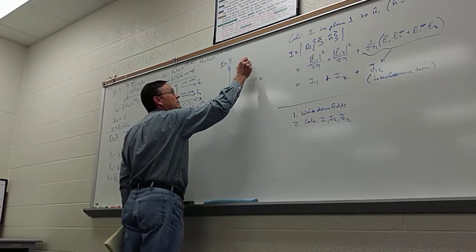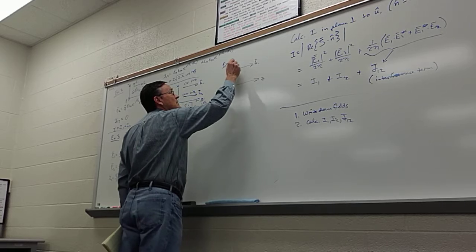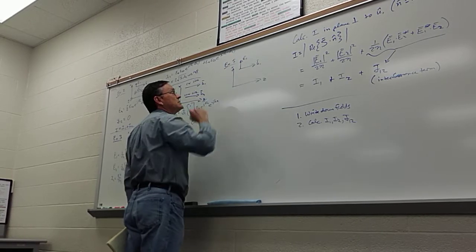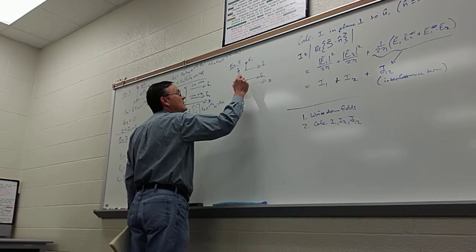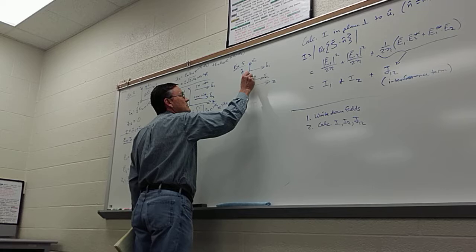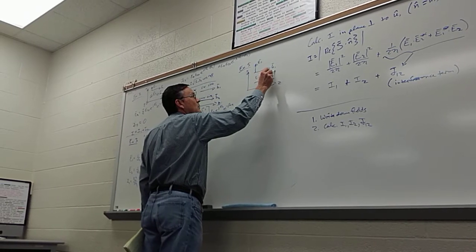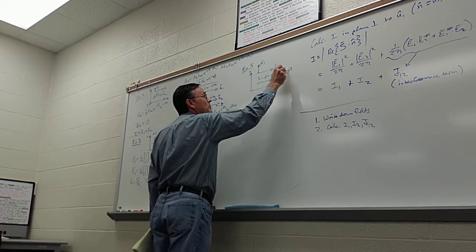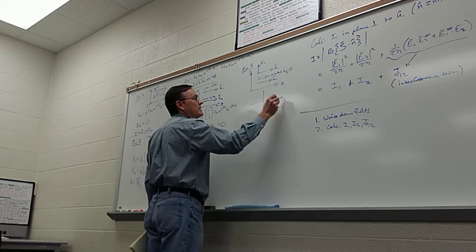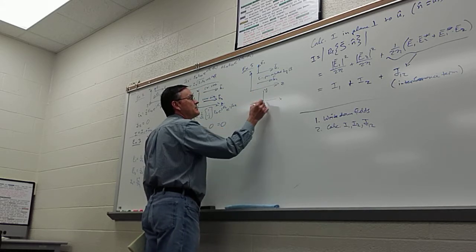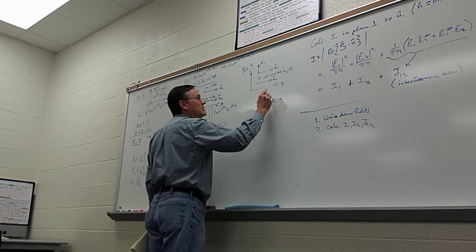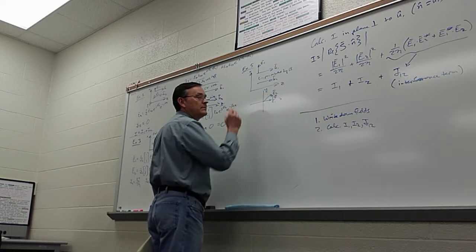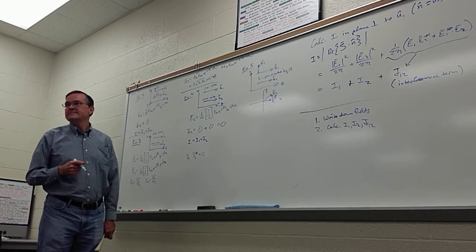Let's say our first is linear polarization in X, and our second beam is linear polarization rotated by beta. So let's look at that in the XY plane. Basically, here's E1, and E2 is rotated at an angle beta.